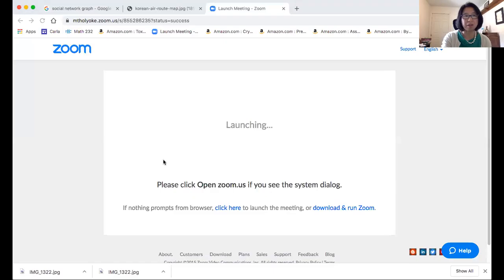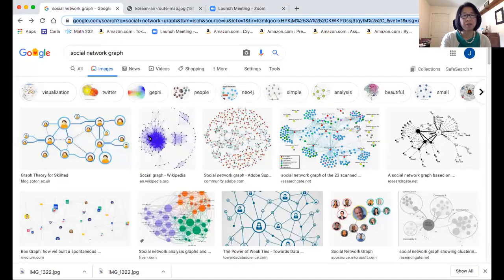So in the real world, here are some real world graphs. Let me share my browser with you. So I searched for social network graph, and you can see all sorts of different kinds of things.